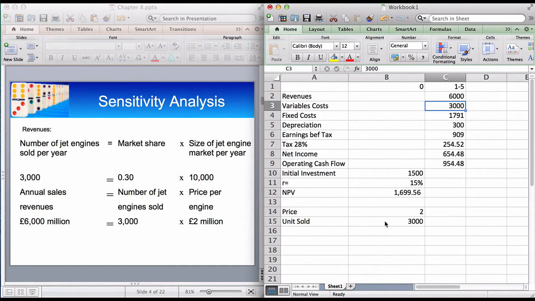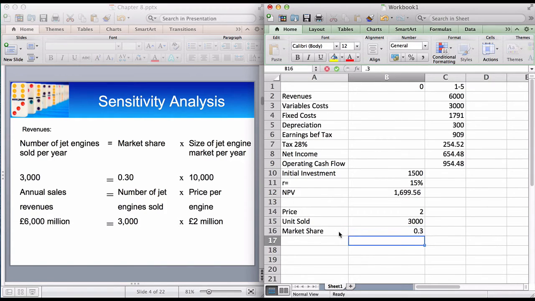We can even break down the number of units sold into the size of the market and the expected market share. So the market share is how much of the market do you think you're going to capture. In this case, we've got 0.3. That's the estimate. So we think we're going to take 30% of the market.